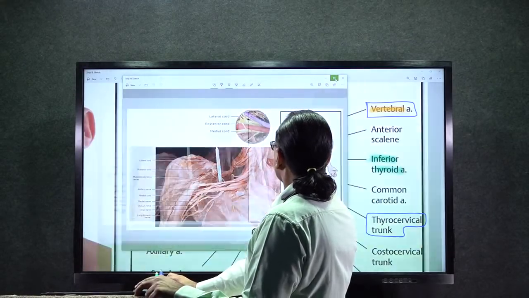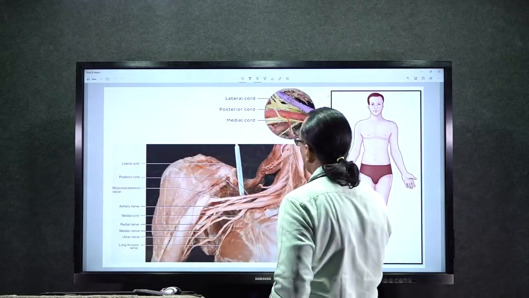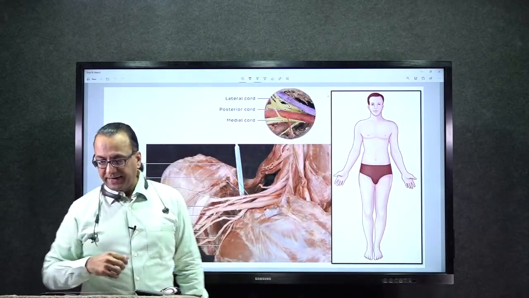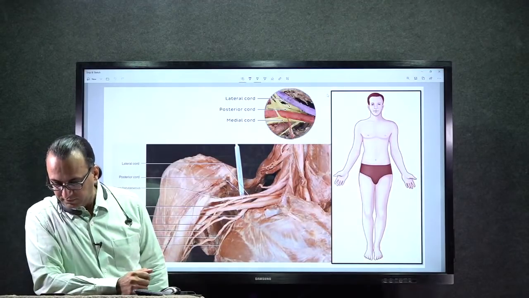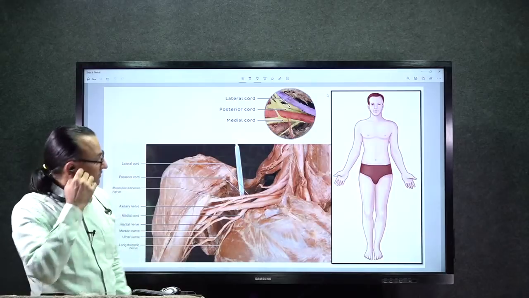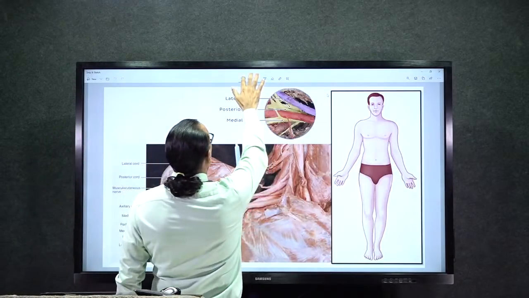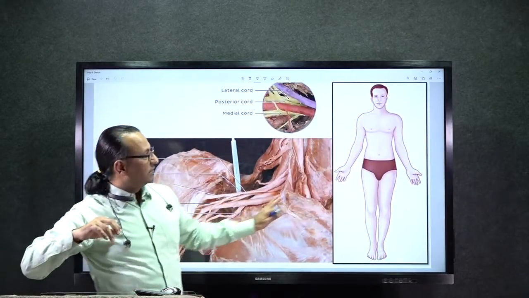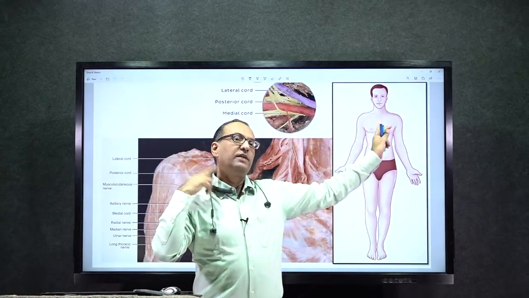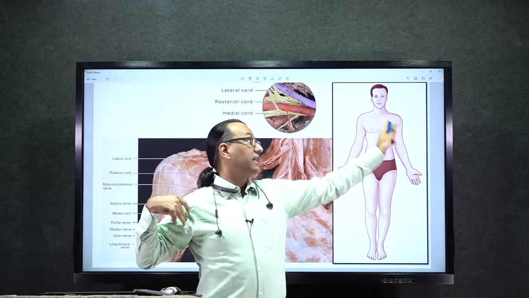And this is where you will be actually facing some problems. See, the thing is, in the exam, you are getting diagrams like this. This is again the front view of the right side neck region, right axilla region.